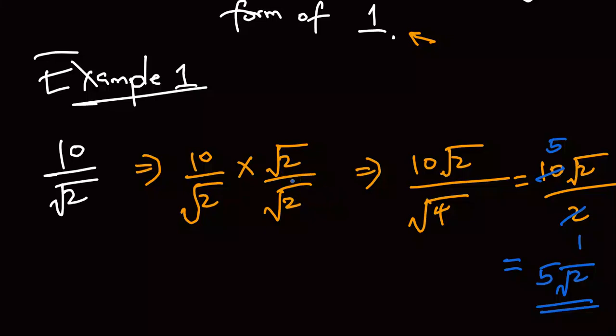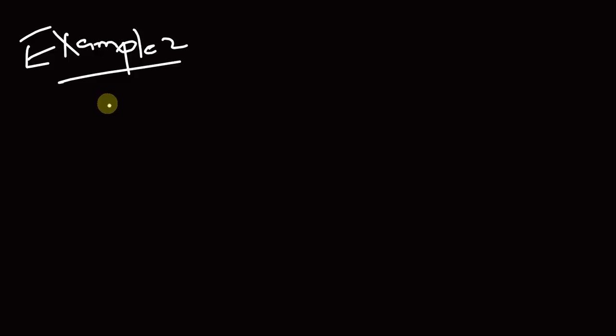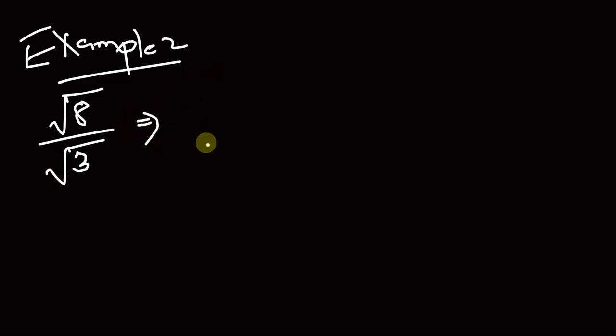We can look at another example. Let's look at example 2. Our example 2 is root 8 divided by root 3. I'm rewriting it the same, root 8 divided by root 3.